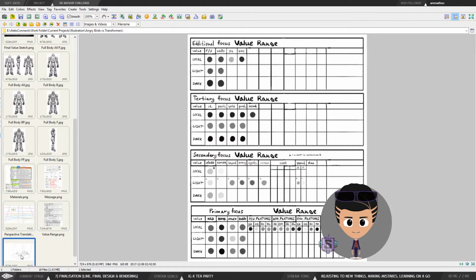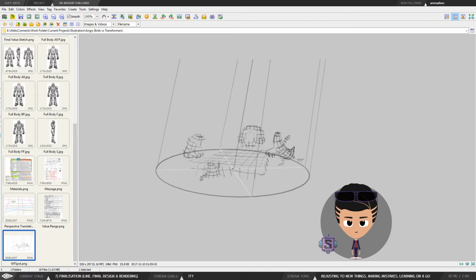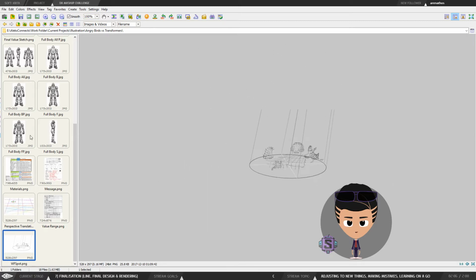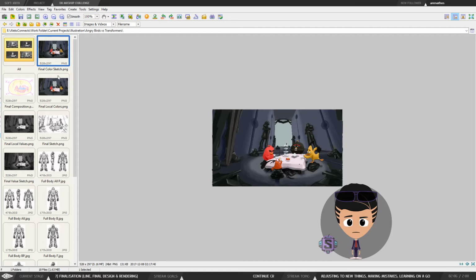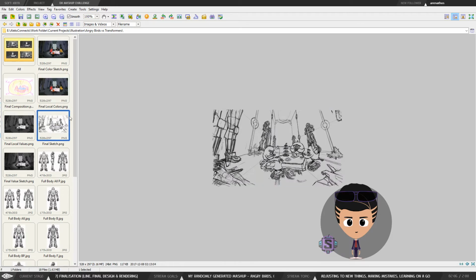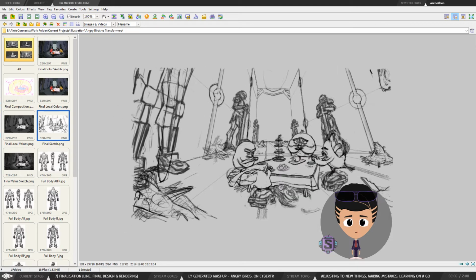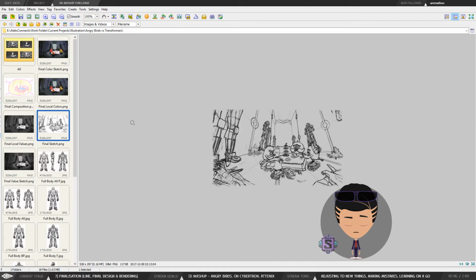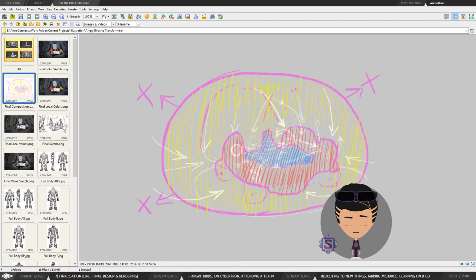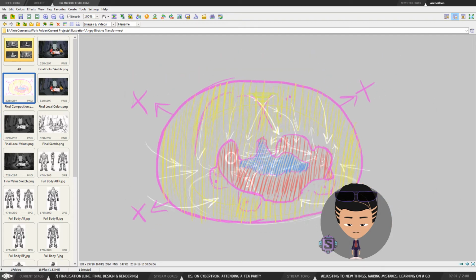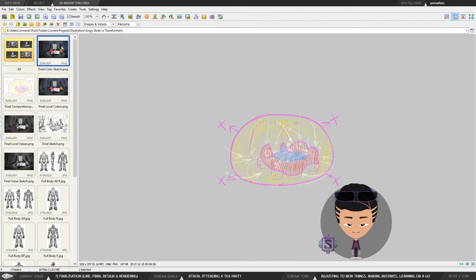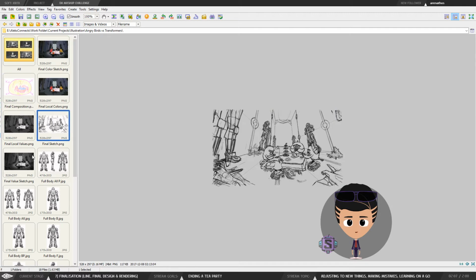We have basic value range, we have the direction for our spotlight, we have our basic sketches, the color sketch and the value sketch, so the local value representation and local colors representation, and of course we have our sketch that we're using and our composition thing. And we need to implement them all throughout the stage.